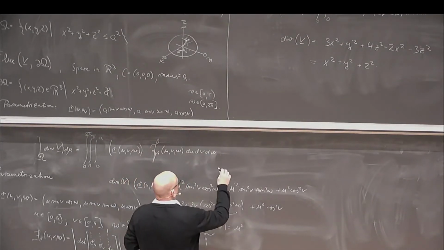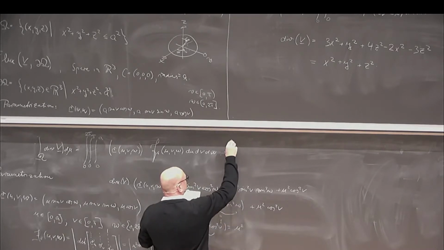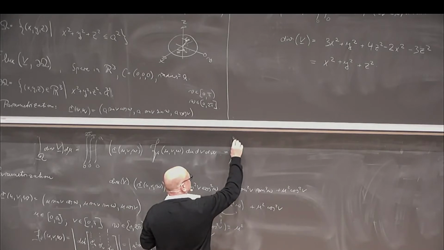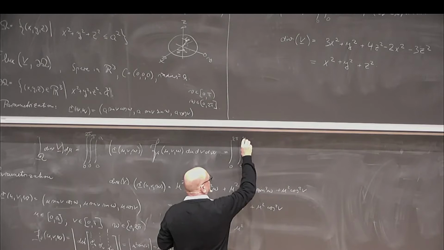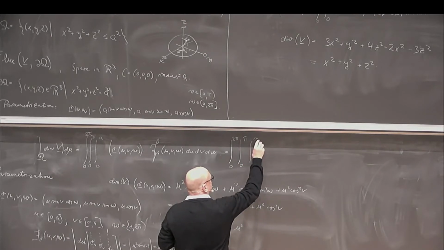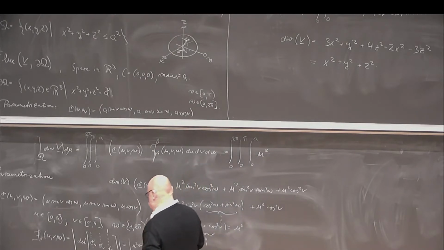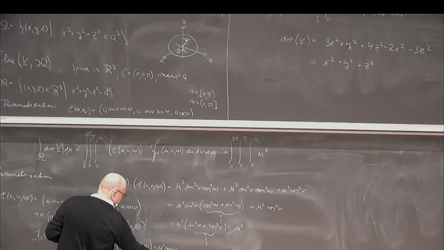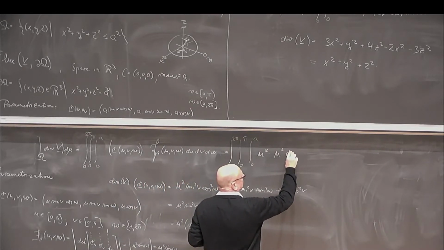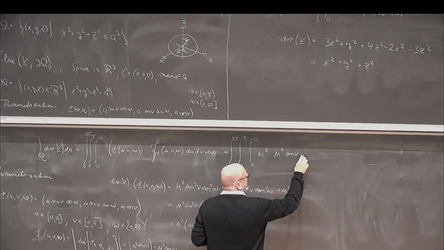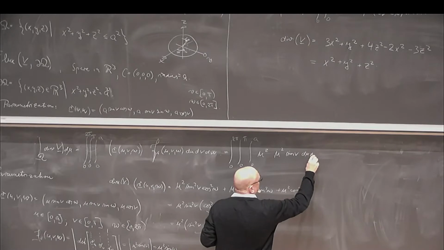Okay, let's put this in. We get the integral from 0 to 2 pi, the integral from 0 to pi, and the integral from 0 to a. And then I put in u squared, and then I put in my Jacobian function, which is u squared times sine of v, and then you get du dv dw.